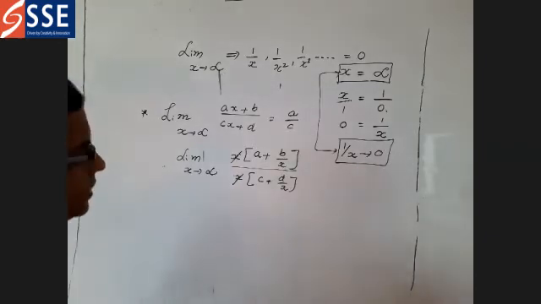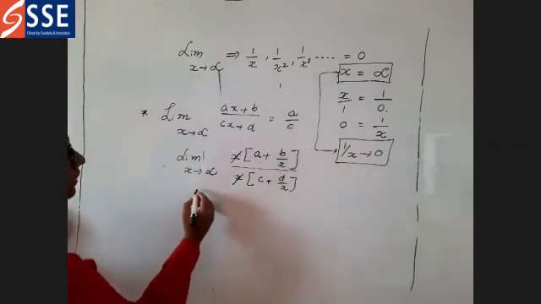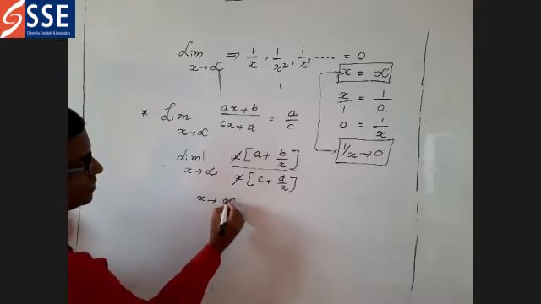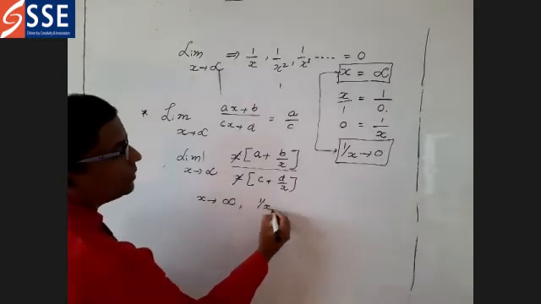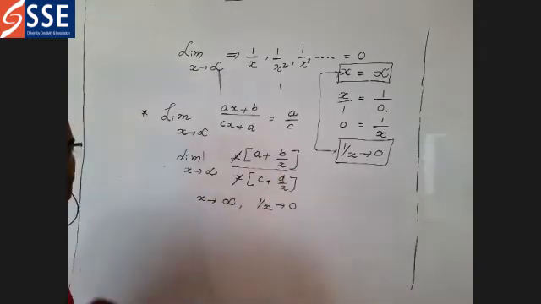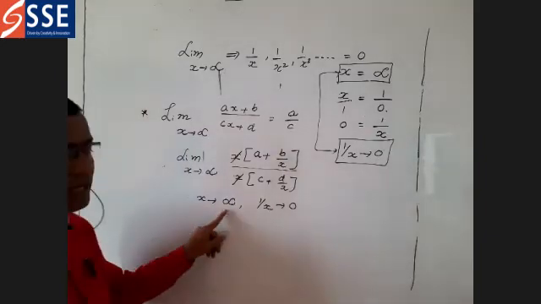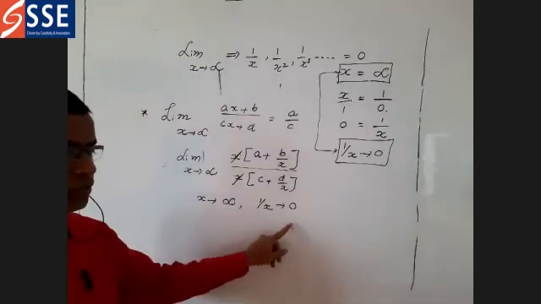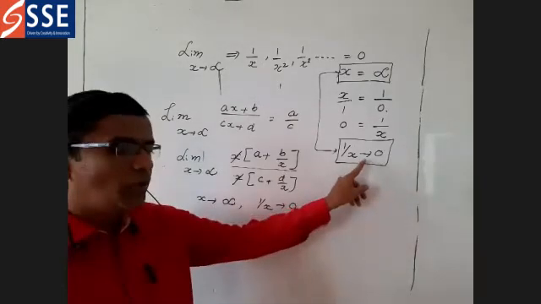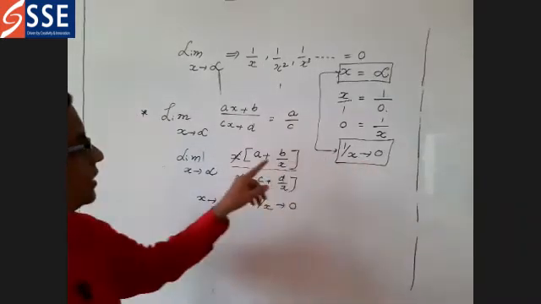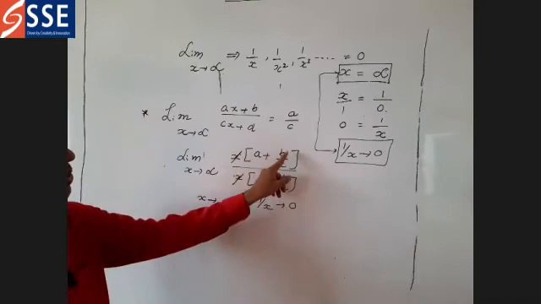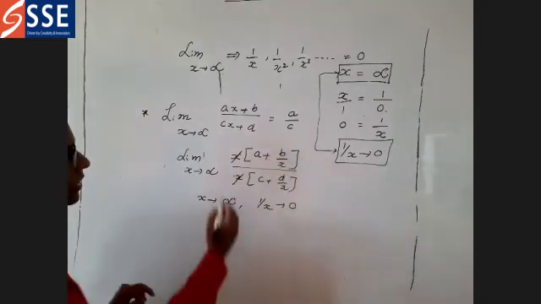So now we are going to substitute. We already said that x tends to infinity is the same as 1 by x tends to 0. I already told you why we take this. So in this value, substitute 1 by x as 0. What does it become?